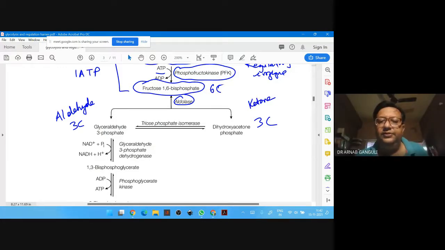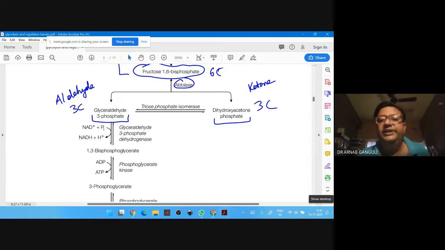This is a ketone. It is broken by aldolase into one dihydroxyacetone phosphate and one glyceraldehyde 3-phosphate. And this dihydroxyacetone phosphate is converted back into glyceraldehyde 3-phosphate.